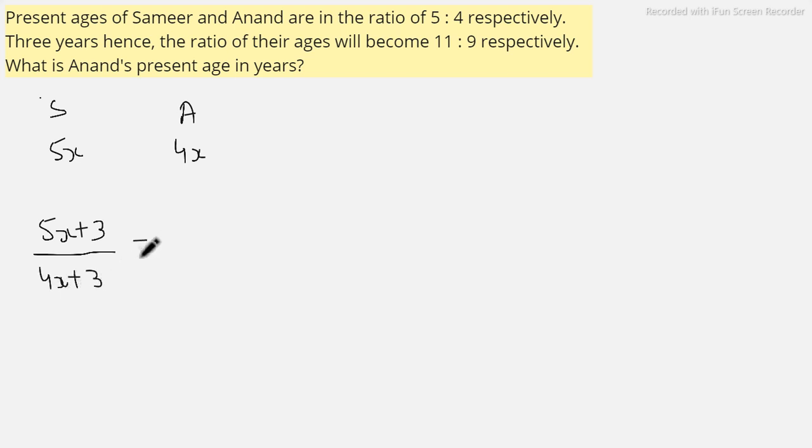Now the ratio of their ages has become 11:9. Now we just have to solve this equation. So this is 45x plus 27 is equal to 44x plus 33.